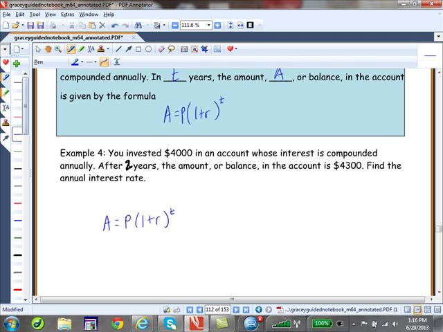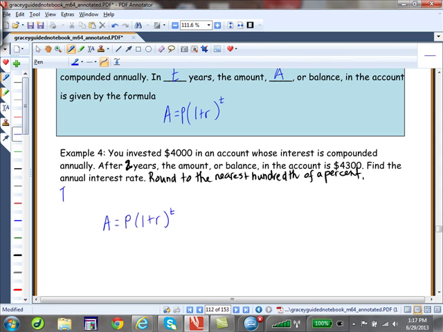So here we go. Another thing I wanted to write into this problem is we're going to round to the nearest hundredth of a percent. Okay, so let's identify what we have. We invested 4,000. That's going to be the principal.